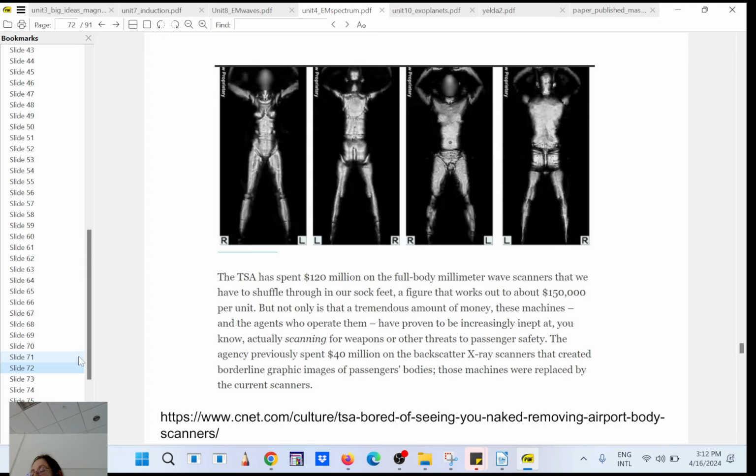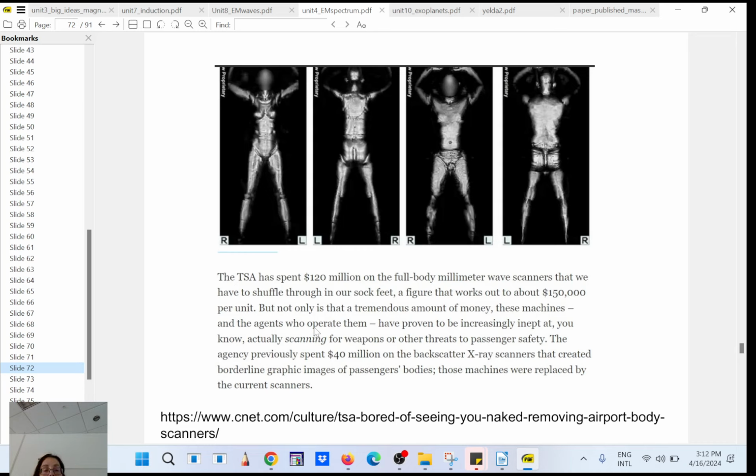So in 2012, 2013, they introduced a new technology, and they use radio waves, but very small radio waves, still to see the details. They use what is called a millimeter wave scanner.